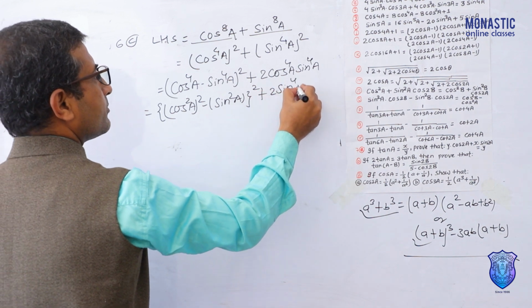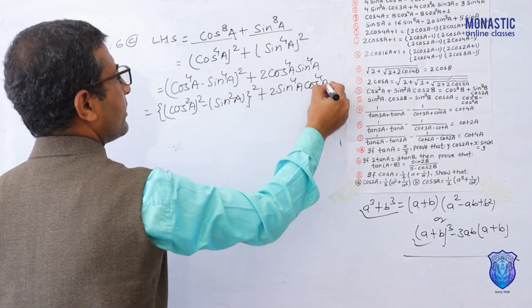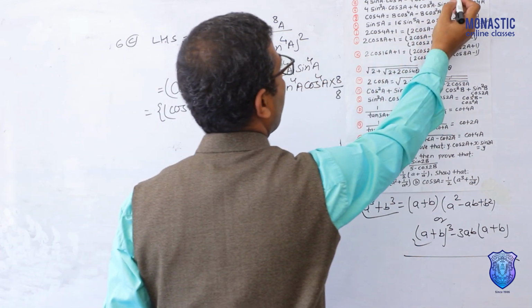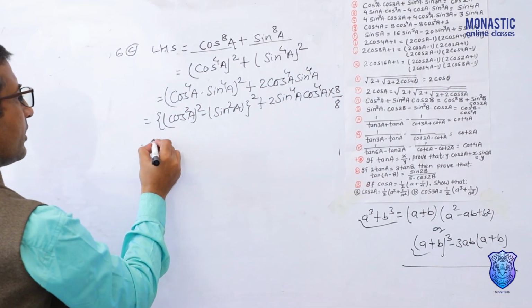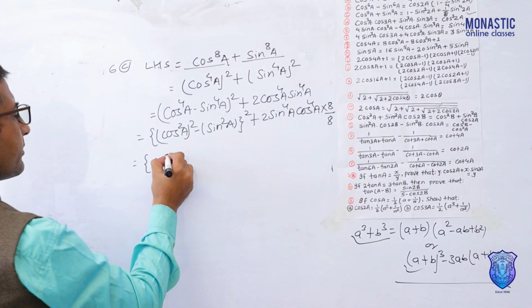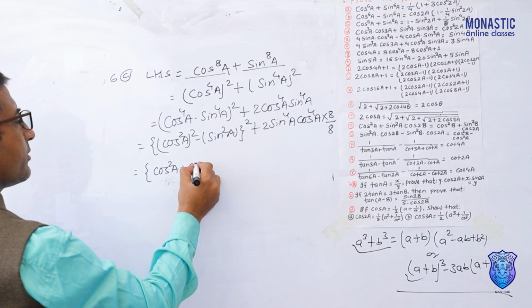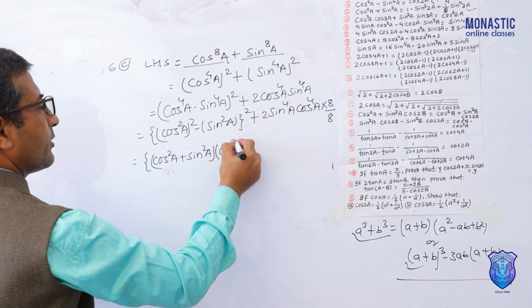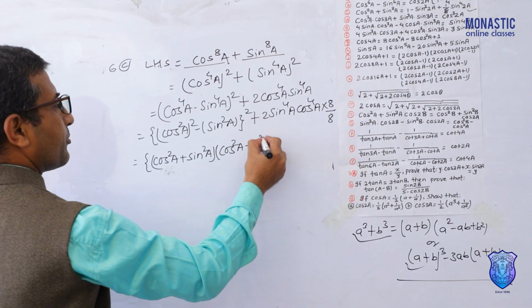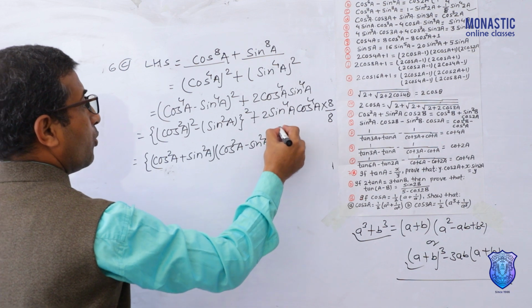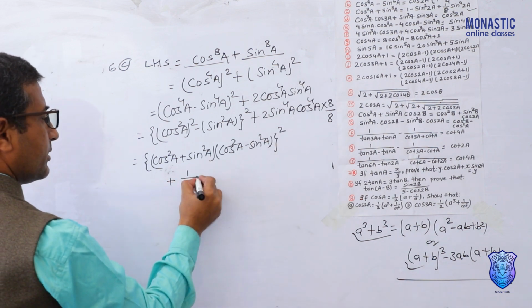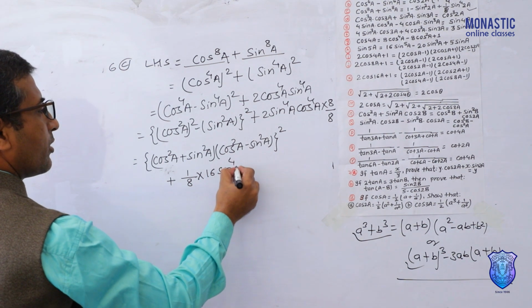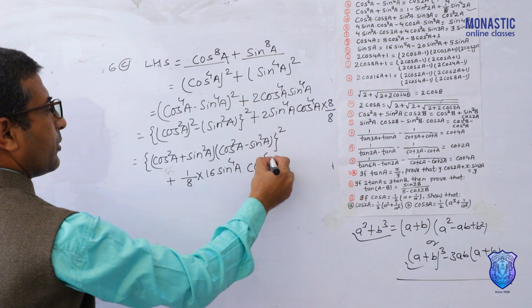We can multiply numerator and denominator with 8 because you want 8 there in the denominator. In the bracket that's a plus b and a minus b. Cos square plus sine square a, cos square a minus sine square a whole square, and it came 1 by 8 into 16 sine to the power 4a cos to the power 4a.